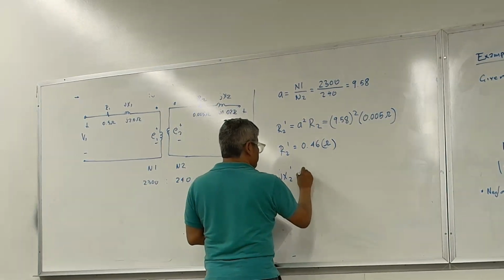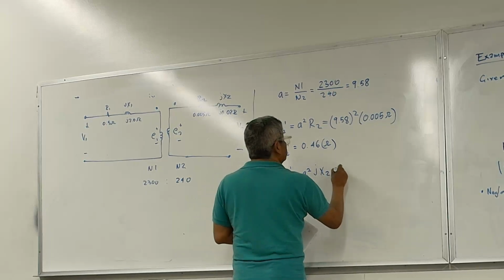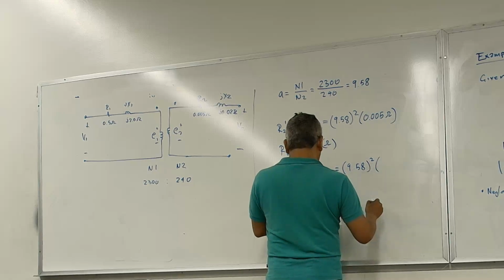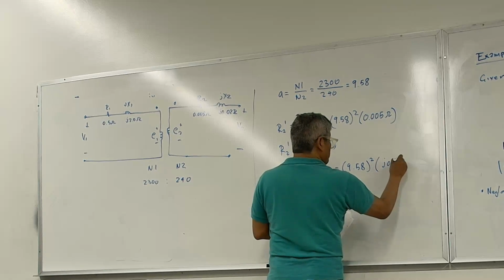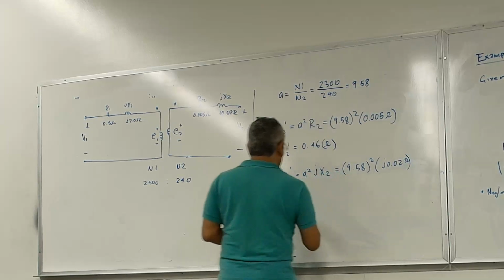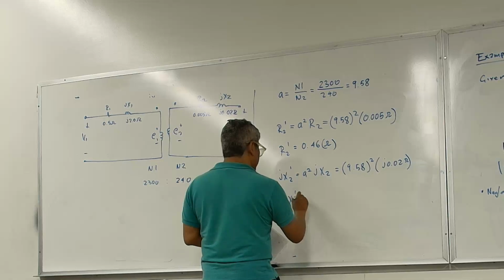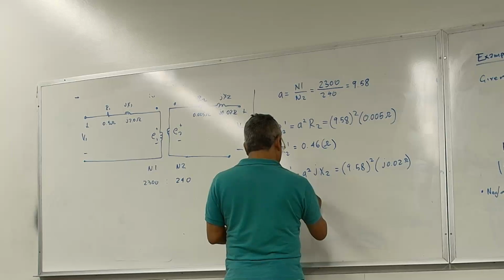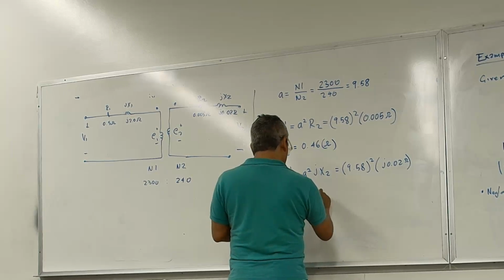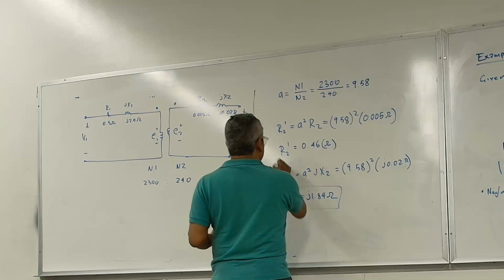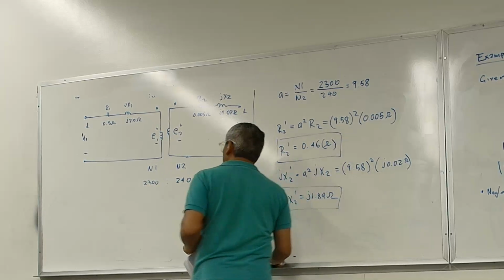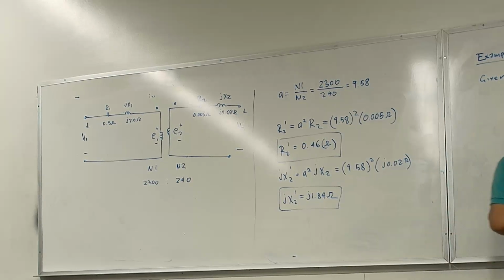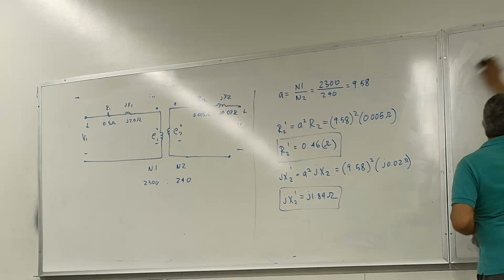JX2 prime is equal to A squared times JX2, which is equal to 9.58 squared times J0.02 ohms, so JX2 prime is equal to J1.84 ohms. Okay, so I have R2, JX2. Now, I'm going to draw the equivalent circuit as seen from the primary.